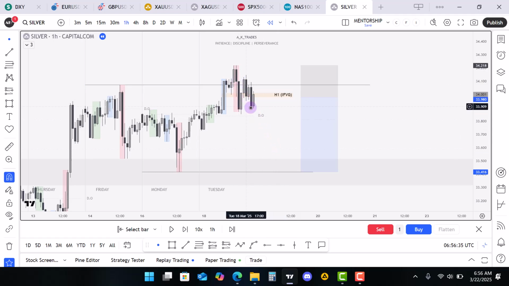Now I could have dropped down to the 5 minute chart when price came back to the 1 hour inversion fair value gap to look for sniper entries. But as I always say, when you are able to determine your higher time frame bias supported by your intermediate time frame market direction, you can use any other lower time frame chart to serve as your entry chart.